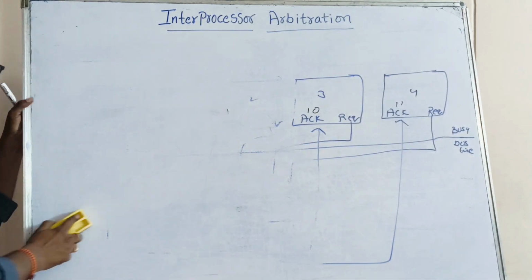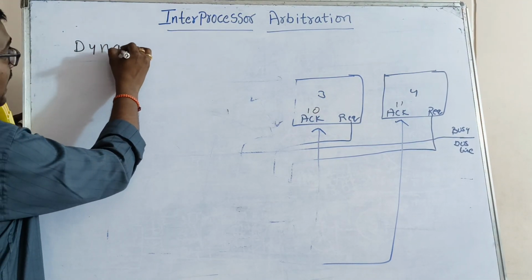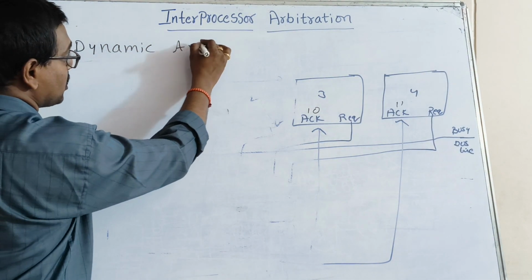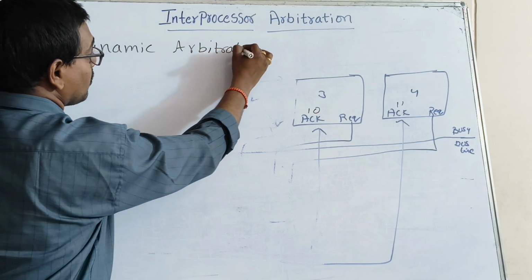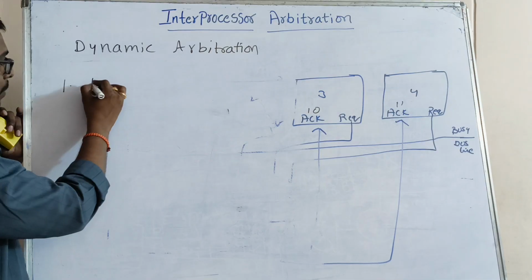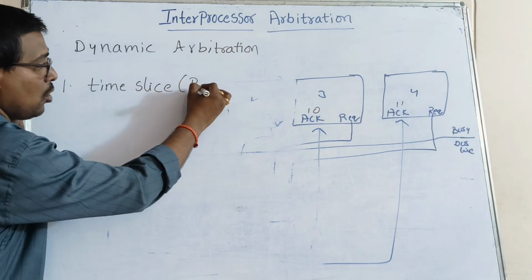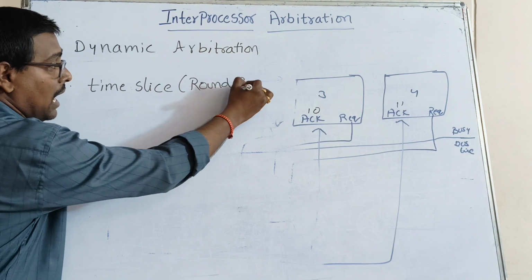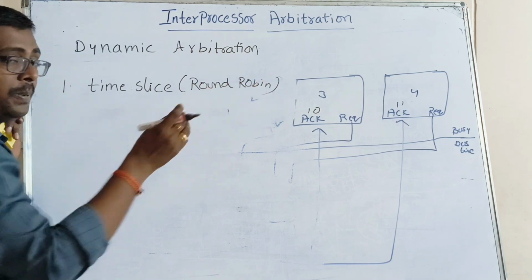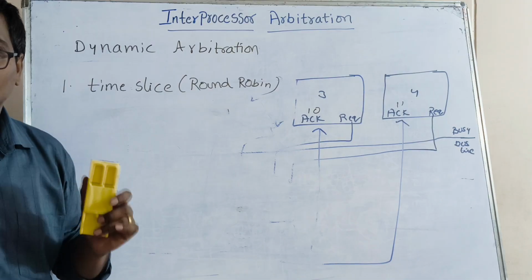So we have another approach, that is dynamic arbitration. In dynamic arbitration we have different approaches. One is time slice, also called round robin. Here, simply a fixed time slice is allocated to each processor.